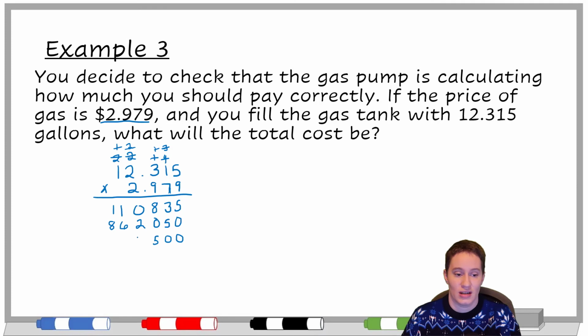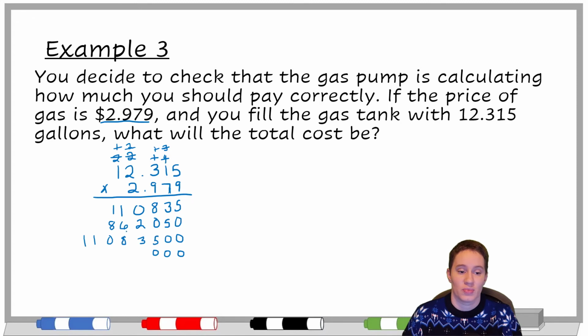Just make sure you line it up correctly, and also that you pay attention to the right thing to copy. We're copying 5, 3, 8, 0, 1, 1. Now we need 3 placeholders: 1, 2, 3, and we're multiplying by 2.